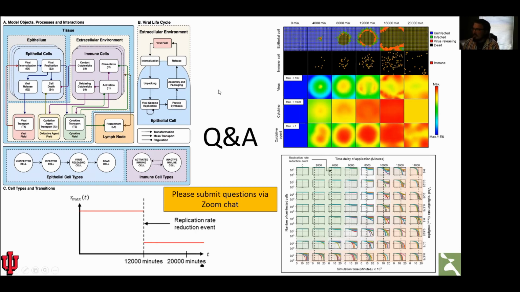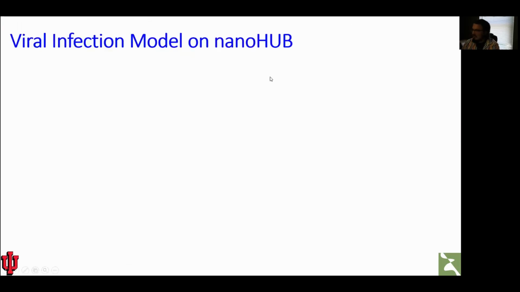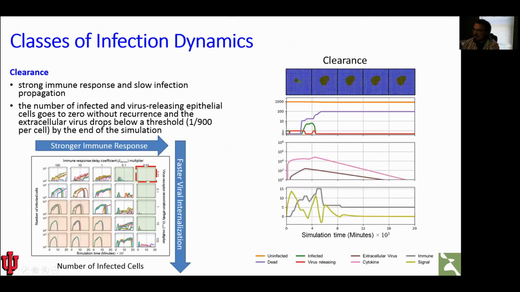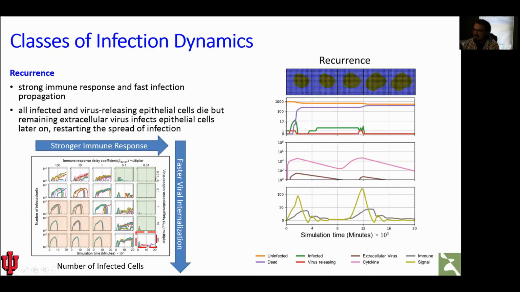qualitatively, the first, K on, increasing K on corresponds to an increase in viral internalization, or an increasing rate. And this was demonstrated in one of the parameter sweeps. So increasing K on is increasing the probability of viral internalization.